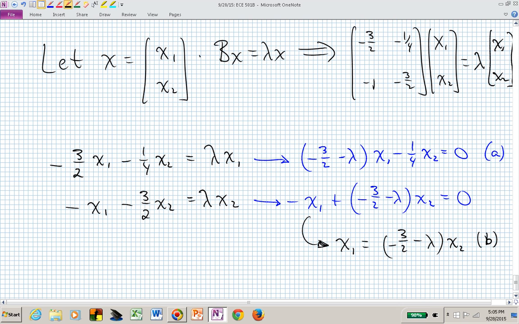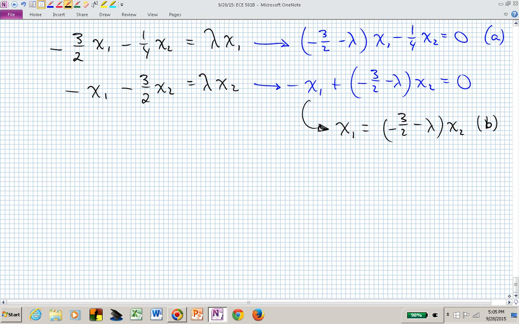Those are just coming from Bx equal lambda x, and we're trying to find the x and the lambda. Let's now substitute equation B into equation A.